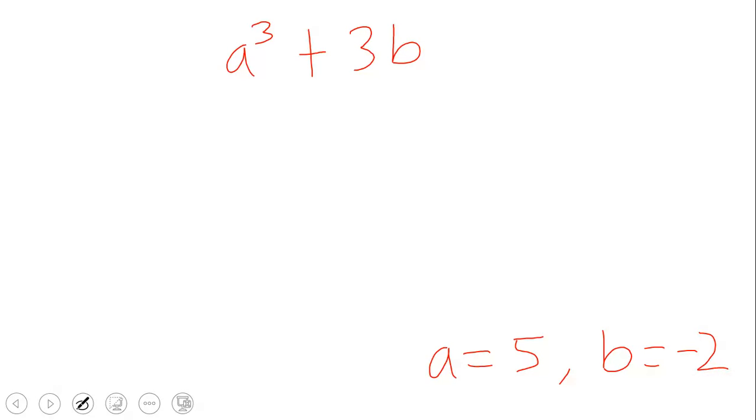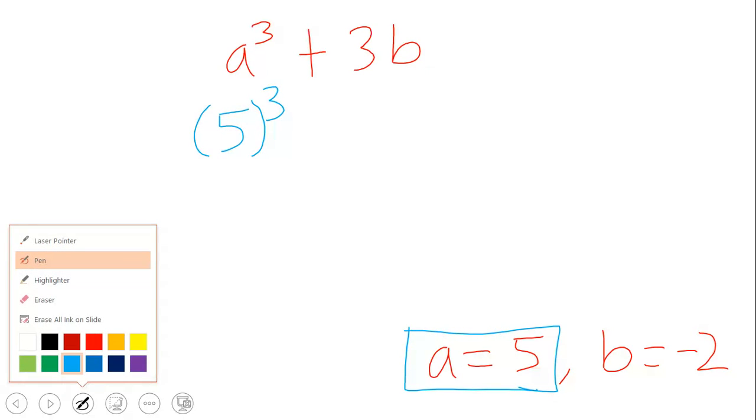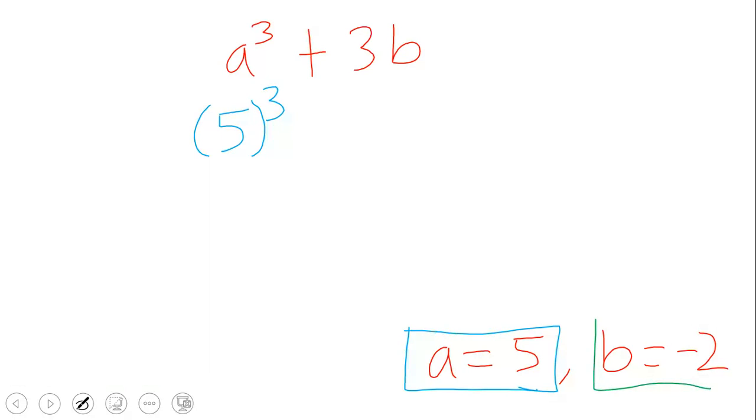Now, since we are given that a equals 5, everywhere in the expression that you see a, replace a with 5. So instead of having a cubed, we're going to have 5 cubed. And note that b equals -2, so wherever you see b in the expression, replace b with -2.